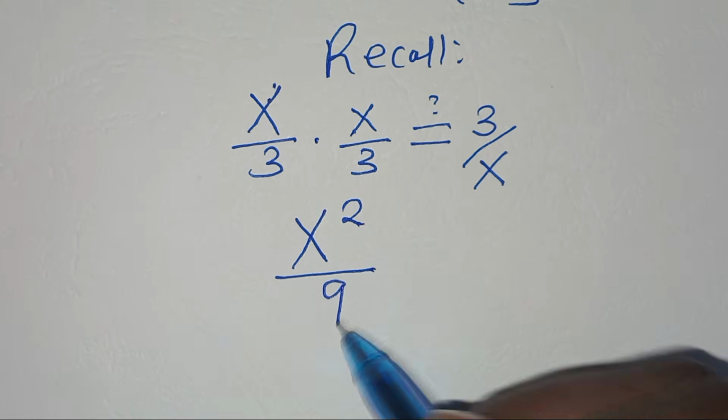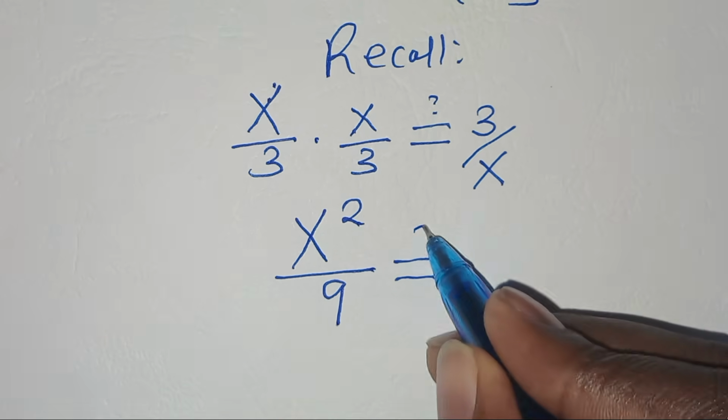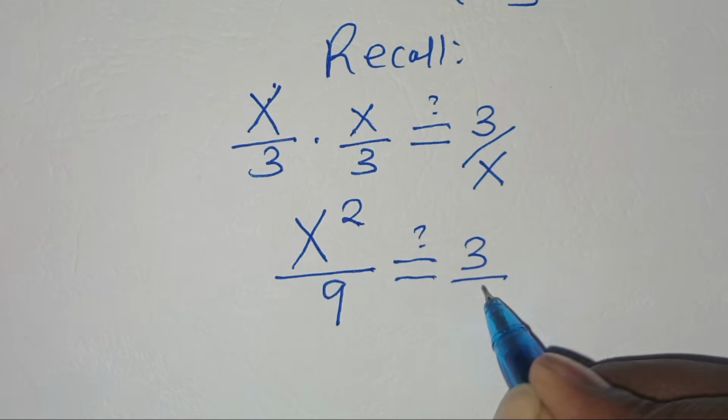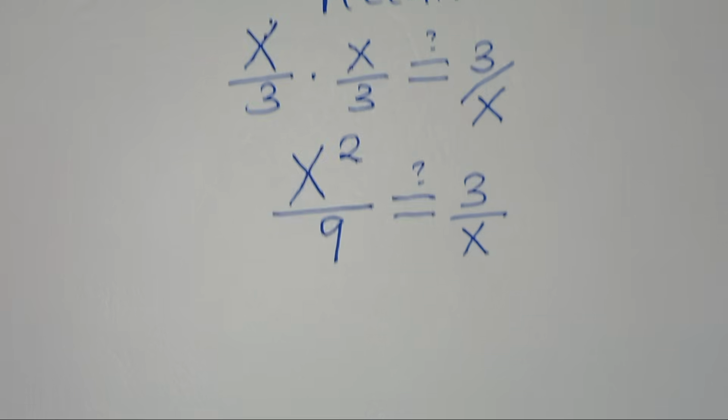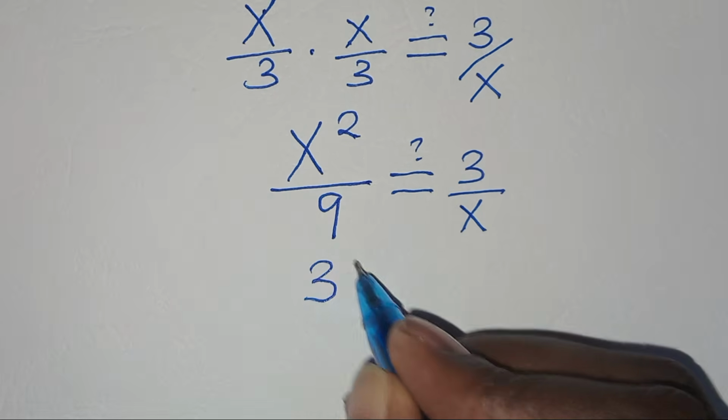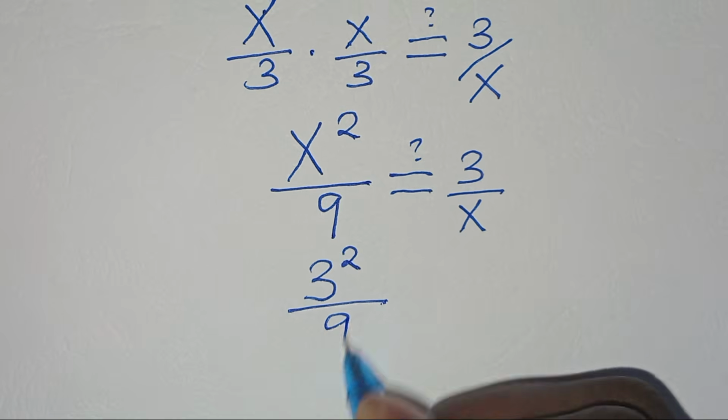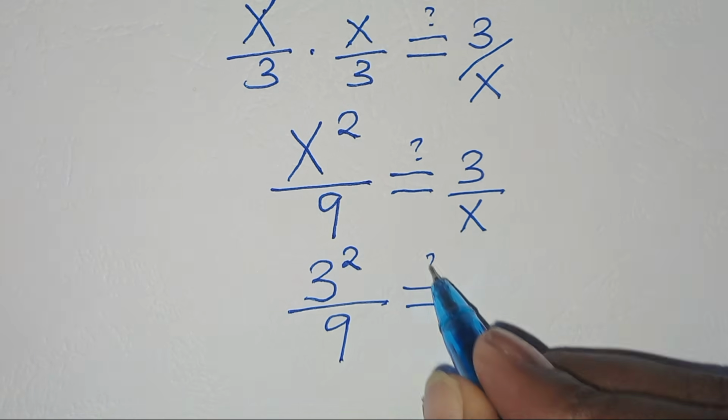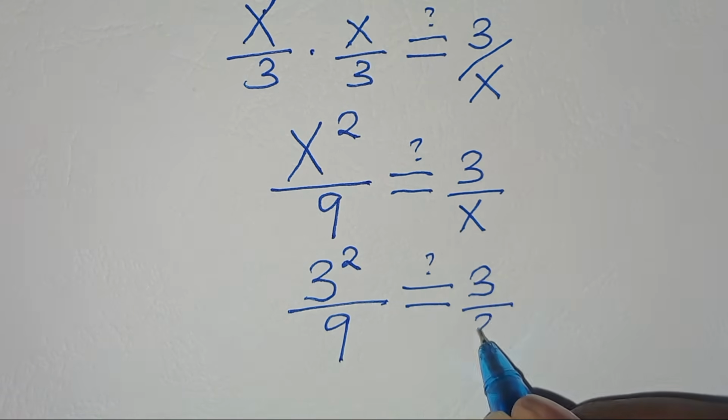This is 9. This should be the same thing as 3 over x. So we have 3 raised to the power of 2 divided by 9. This should be equal to 3 divided by 3.